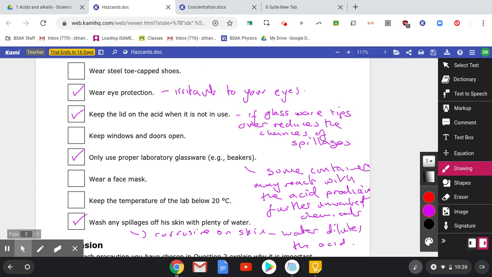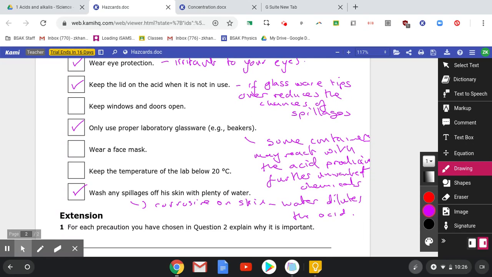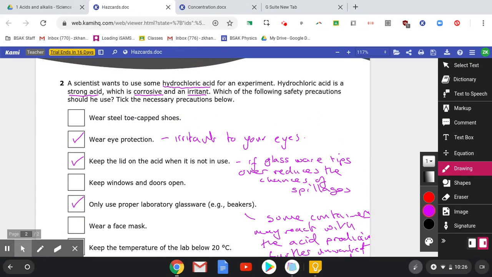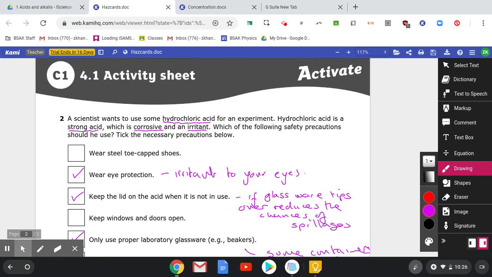Proper glassware, well, you don't want the acid to react with the container, so we need containers that do not react with the acid and produce more unwanted chemicals. So using proper glassware, laboratory equipment is essential.